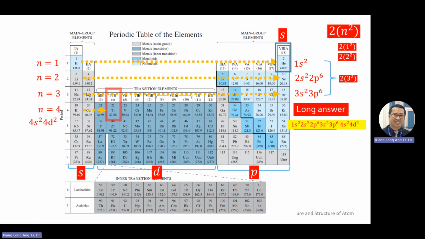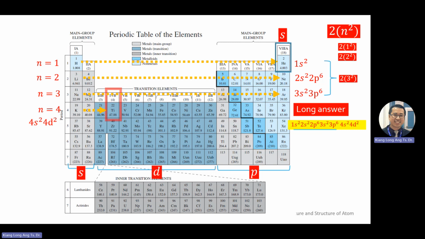Then it completes from here to here. So here is, you count lah, 2s2. Then here is 1, 2, 3, 4, that's under p. So 2p4 for oxygen.